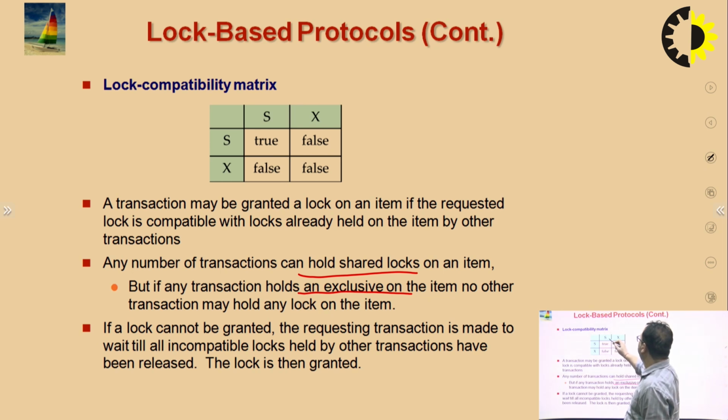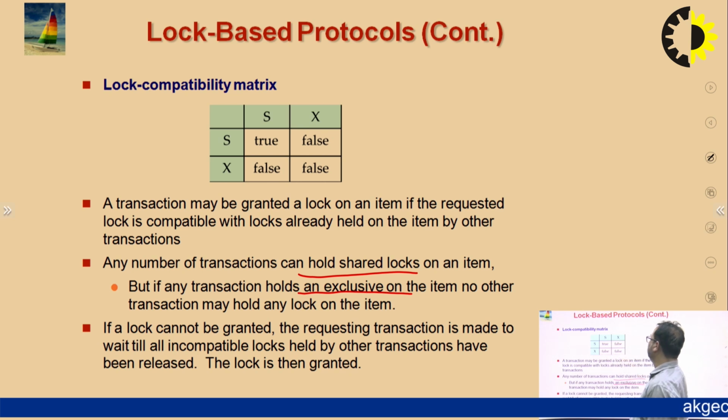Let's see the compatibility matrix. Shared with shared is true, so that is okay, but shared with exclusive is false. Similarly, exclusive with shared is false and exclusive with exclusive is also false.